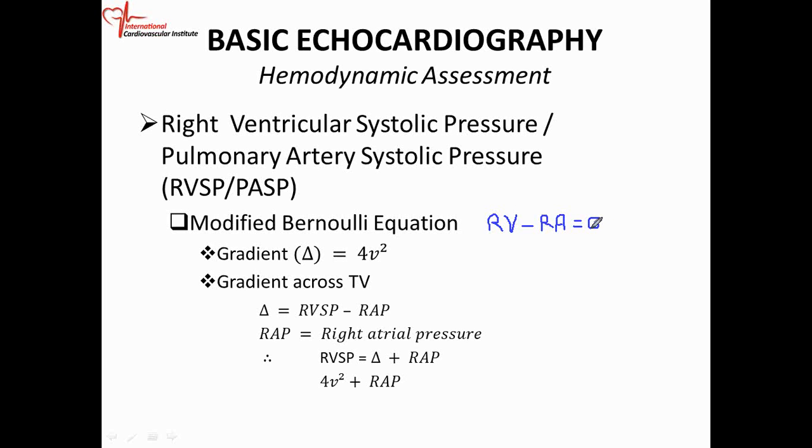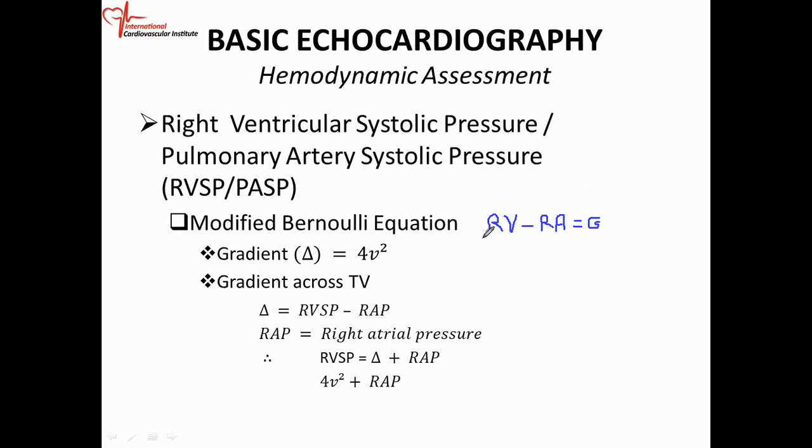The modified Bernoulli equation tells us that the gradient is equal to 4V squared. So when we look at the flow across the tricuspid valve in systole, when we look at tricuspid regurgitation, we get a systolic envelope, and we can get the velocity of that envelope. So the modified Bernoulli equation states that the gradient is 4V squared, looking at your TR velocity, tricuspid regurgitation velocity.